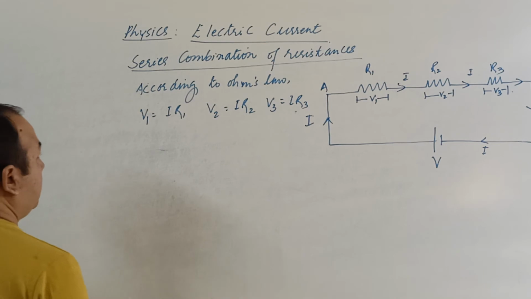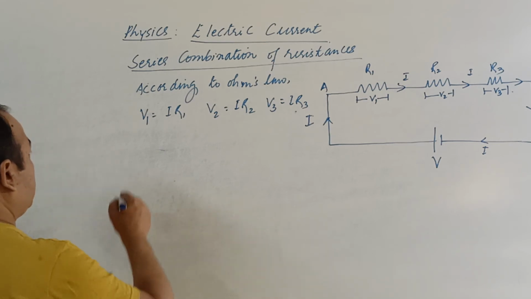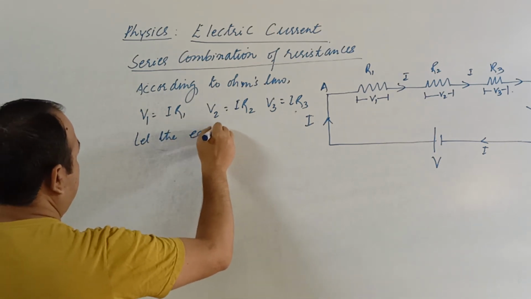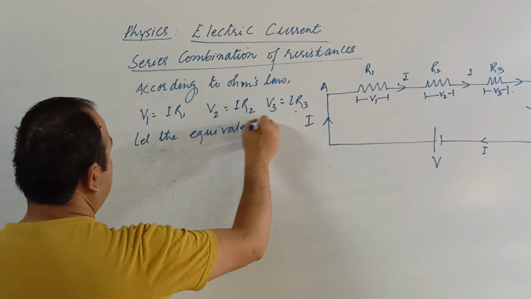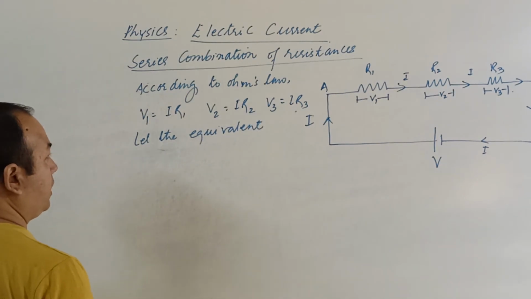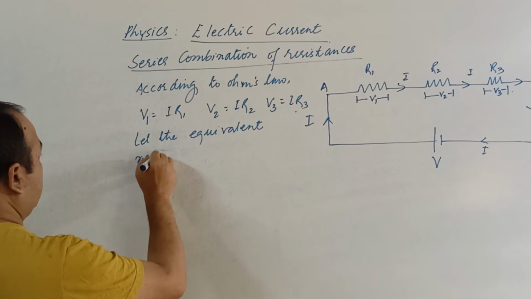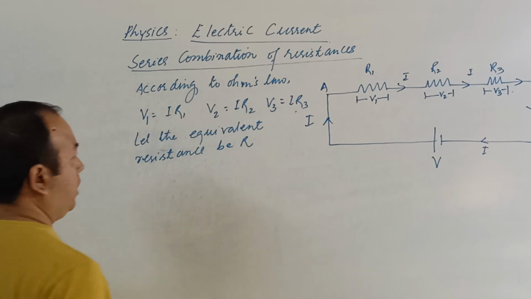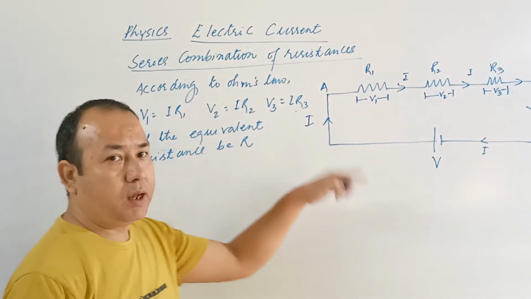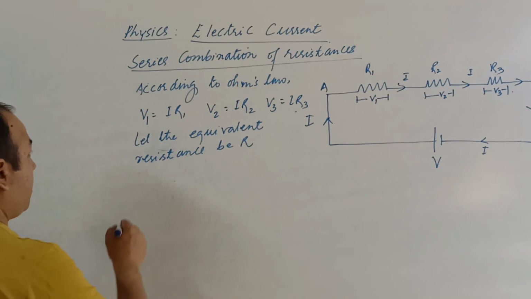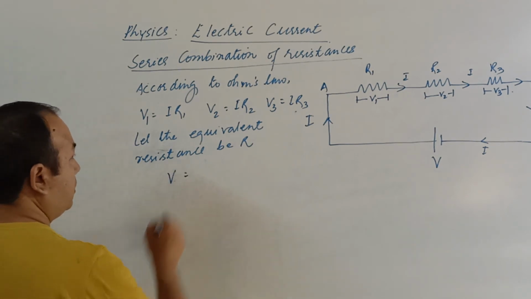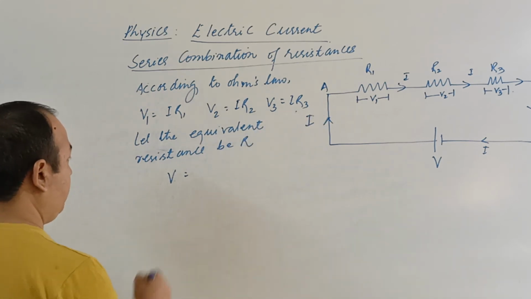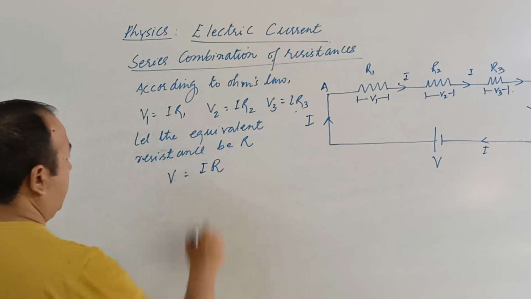Now let the equivalent resistance, that is the total resistance offered by this combination in the electric circuit, be R. As we know that the total amount of current flowing through the circuit is I, from Ohm's law I can write V is equal to IR, where V is the total potential difference applied across the two ends A and B of the combination.